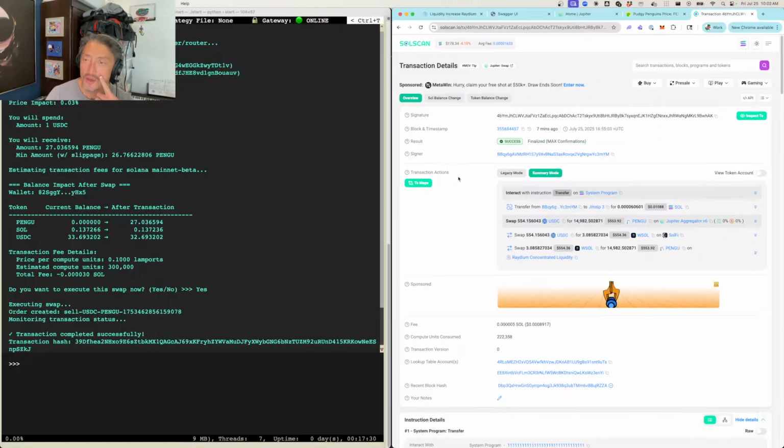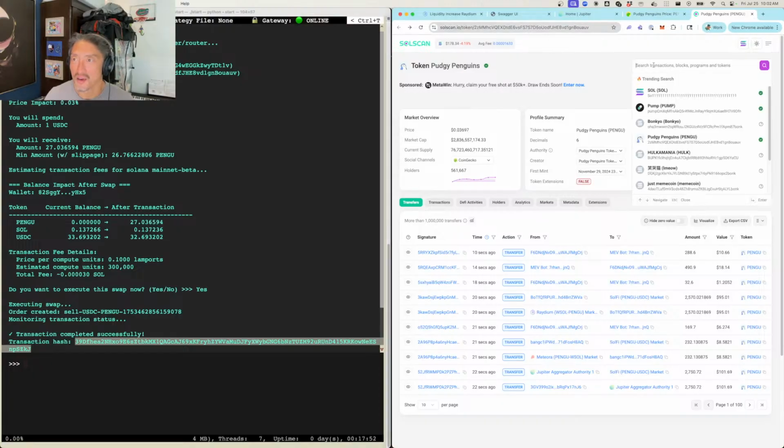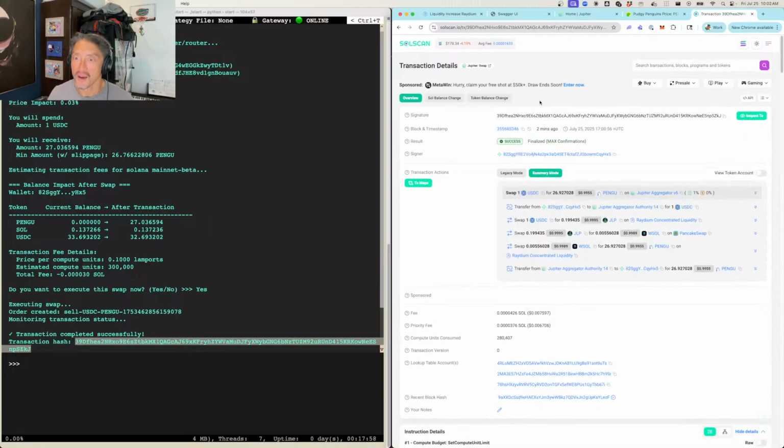I think it's always good if you're testing out any type of blockchain-based system to start with a very small amount. Whoops, this is some transaction I was doing earlier. Actually, this is a random person's transaction. This is not my transaction. So let's pull our transaction, which is this right here. And then we can look for that. Aha. So here we go.